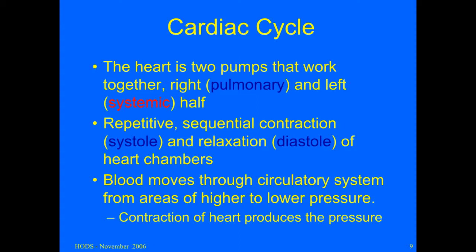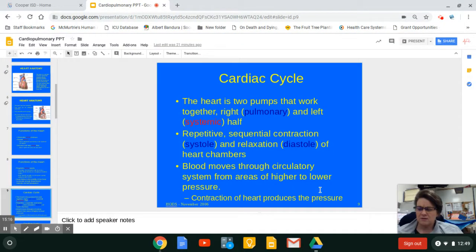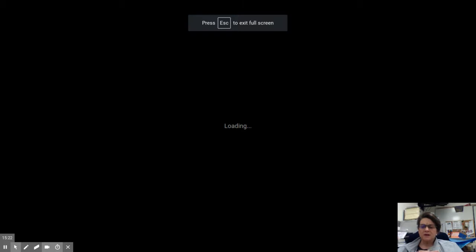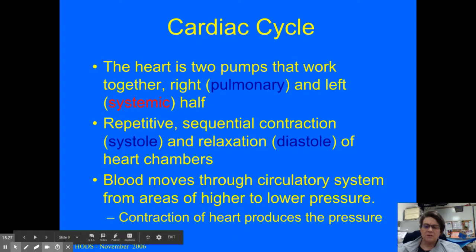Okay, the cardiac cycle. We're going to start back on that. I want to look and see where we are on time. Okay, we're doing good on time. So the cardiac cycle is definitely something that we need to be aware of. We need to know. We need to understand.